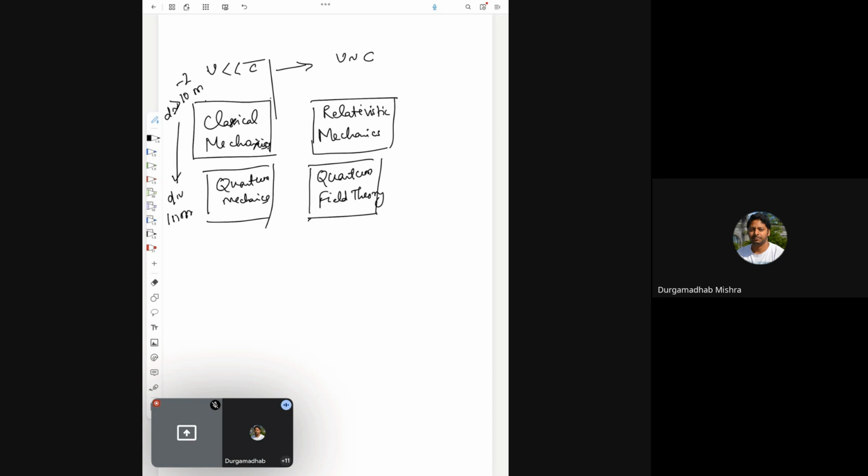Now, corresponding to these four realms of physics, there are also four fundamental forces, four fundamental interactions that we have so far identified, which are quite distinct from each other.